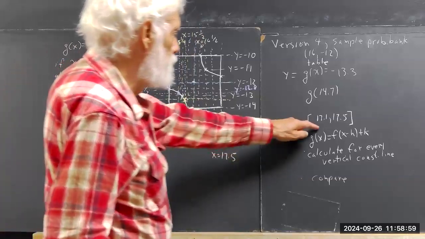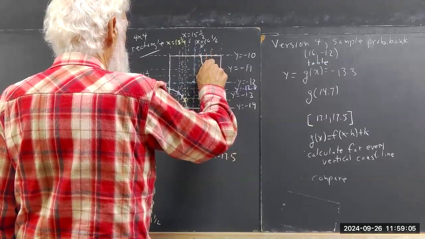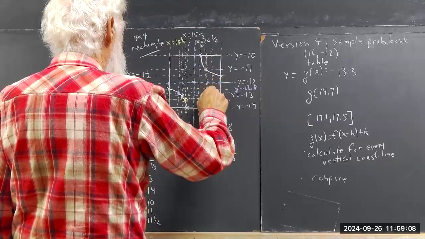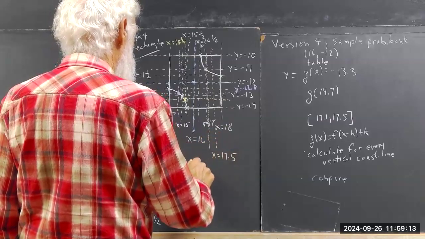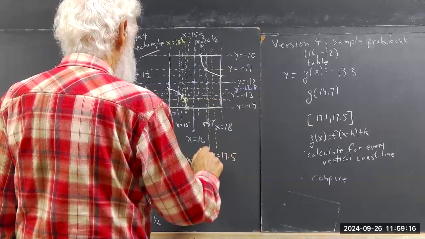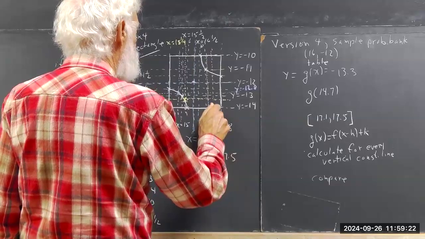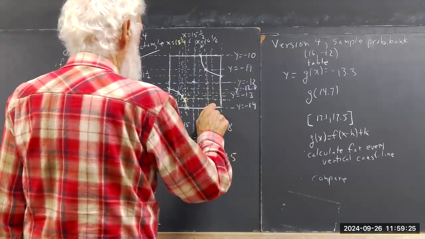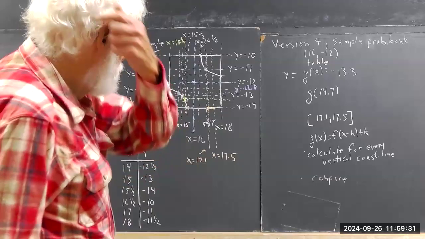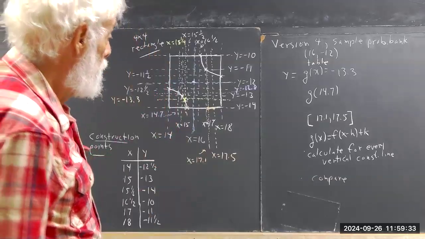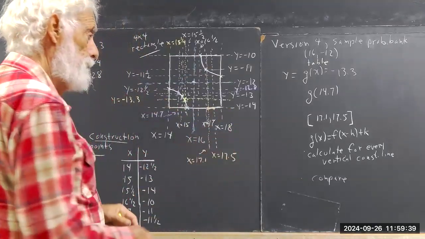And x equals 17.1 is going to be over here real close to the x equals 17 line. Here's the interval. Closed dots and a line between them. And these are going to be kind of small intervals, just because of all the other stuff that's been labeled.